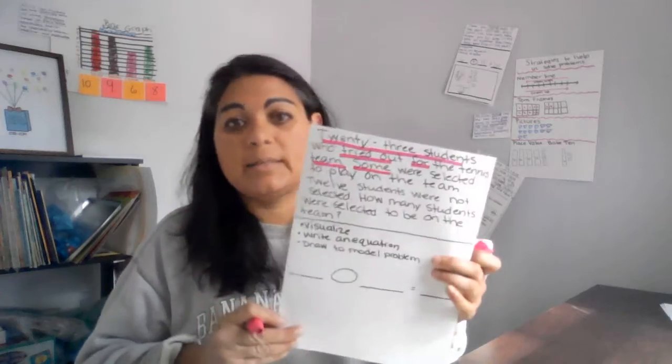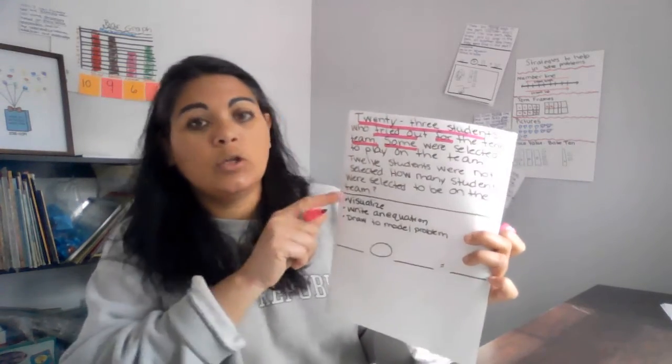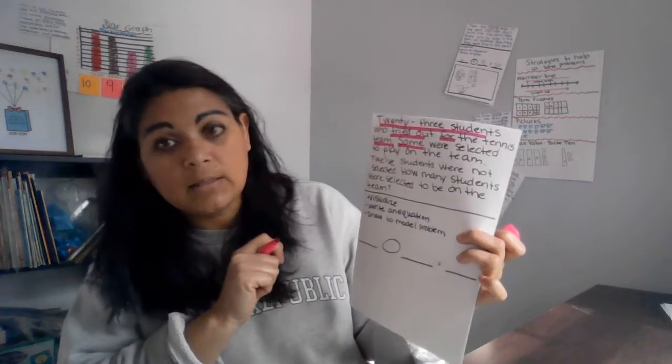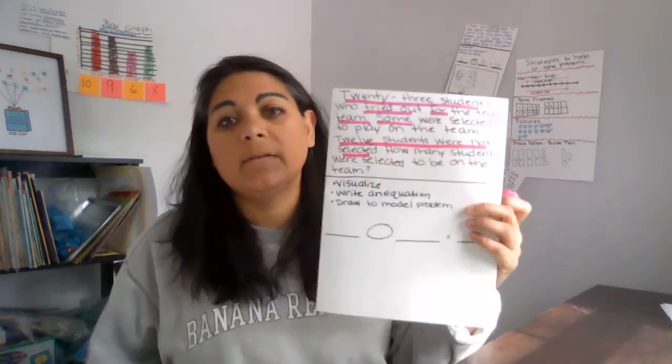Some were selected to be on the team. So I'm going to underline some selected to play on the team. 12 students were not selected. How many students were selected to be on the team?